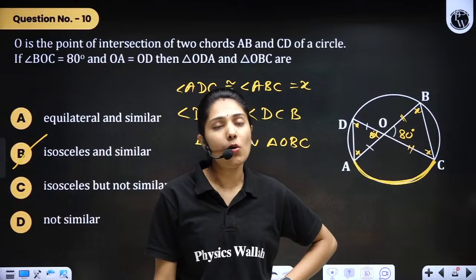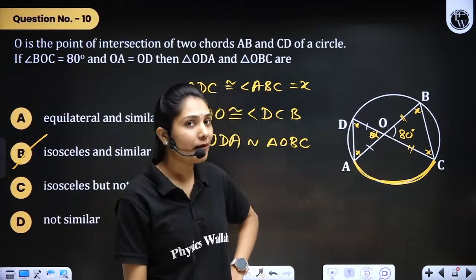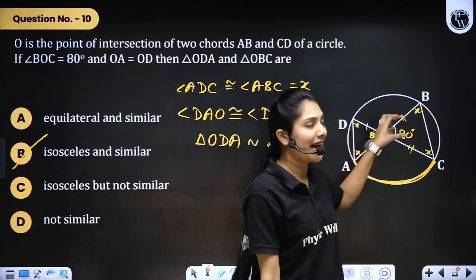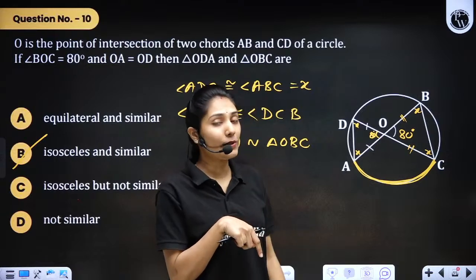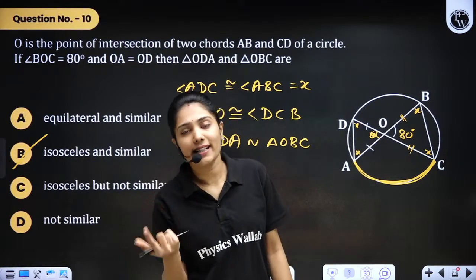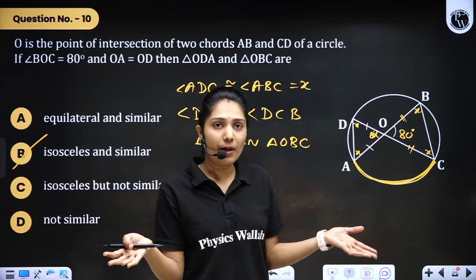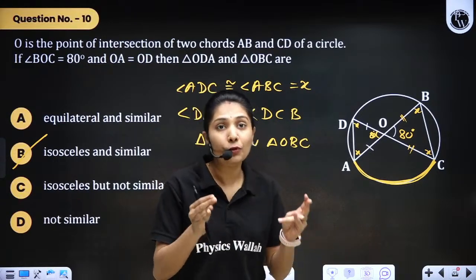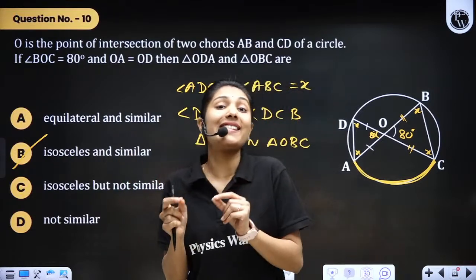No, they are not congruent, beta. They are similar, only similar, because we know about the measure of angles only. We don't know about the sides, whether they are equal or not. If sides are also equal, in that case we can say that these two triangles are congruent. But here we are not aware of the sides. We know just about angles. And if two triangles have equal angles, then they are similar.